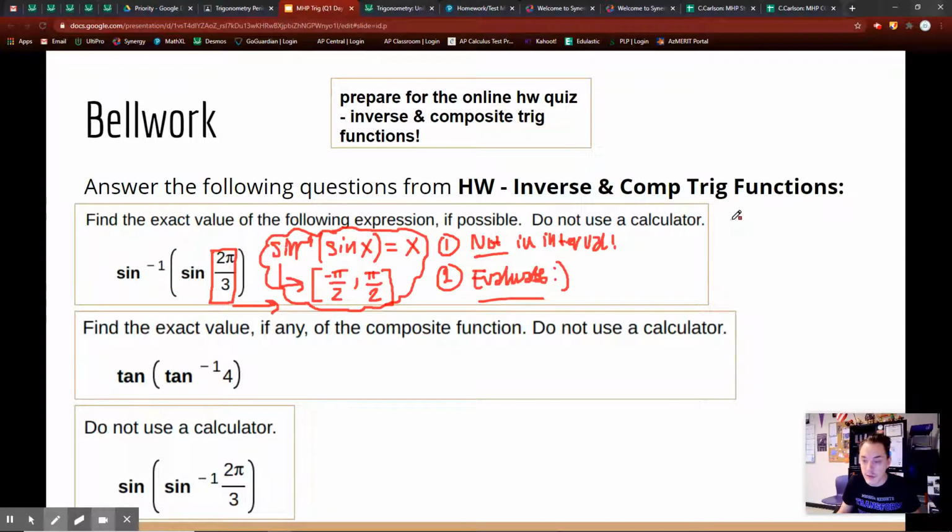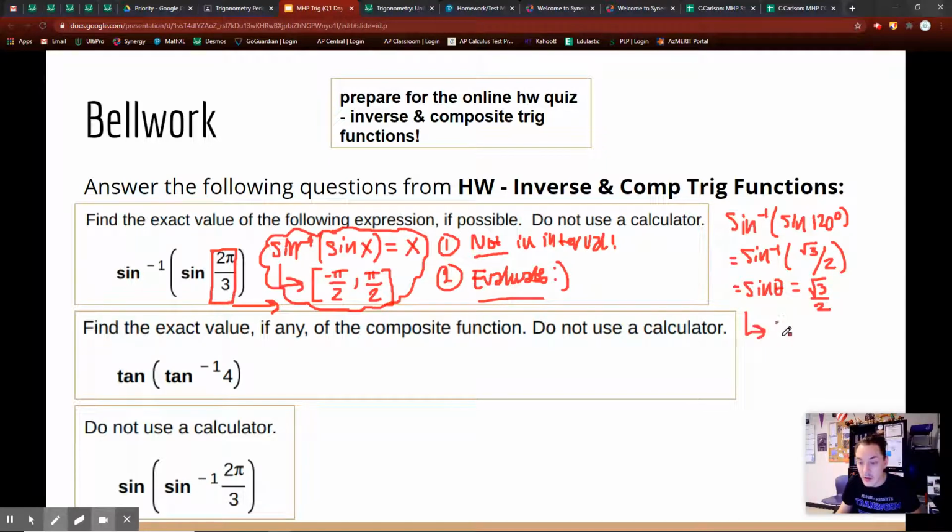So my next step would be looking at inverse sine of sine of 120 degrees. This equals inverse sine of radical 3 over 2. Now what this equals is sine of theta, which also equals radical 3 over 2.